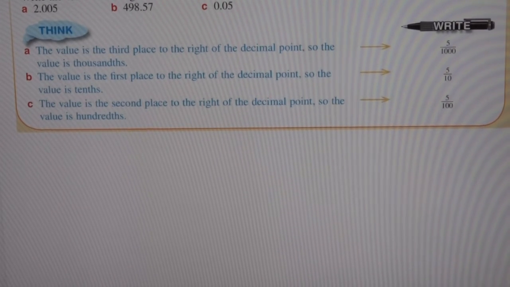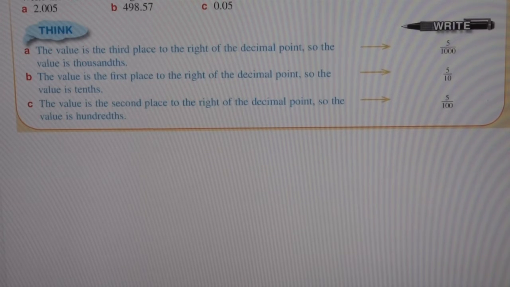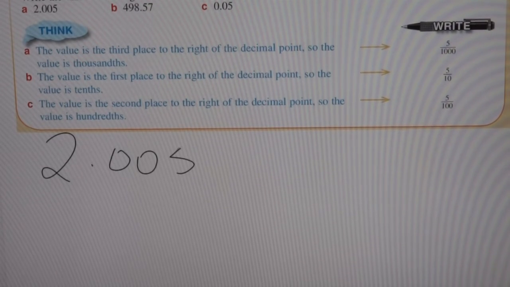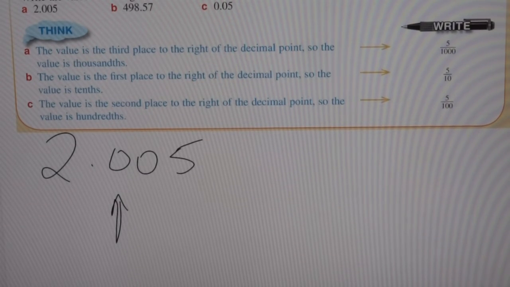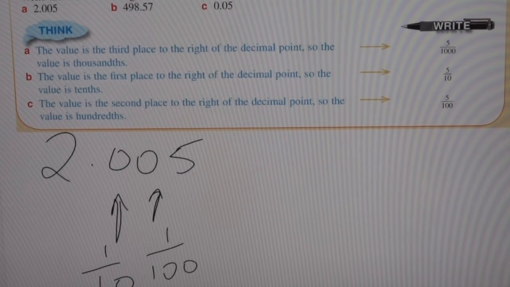In example number 1 here, we have to write the value of the digit 5 in each of those 3 numbers. In the first one, we've got 2.005. Our first position after the decimal place is tenths, our second position is hundredths, and our third position is thousandths.